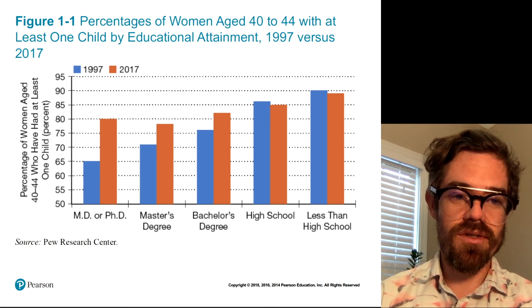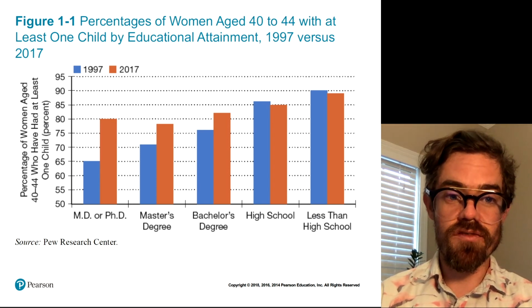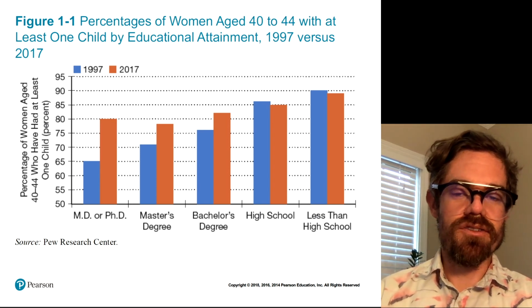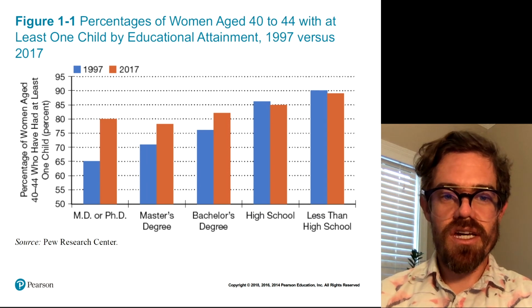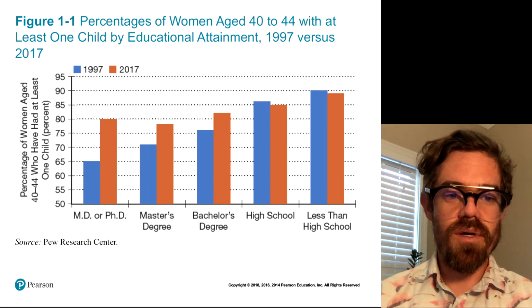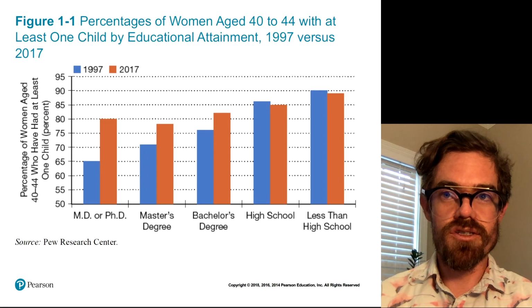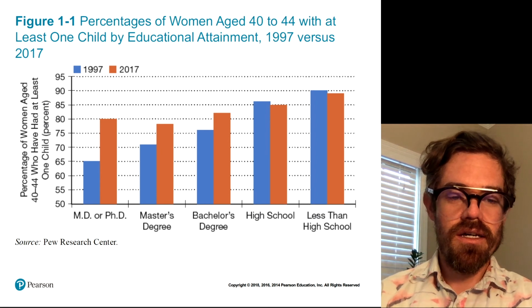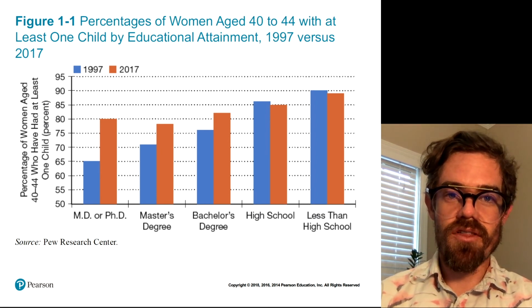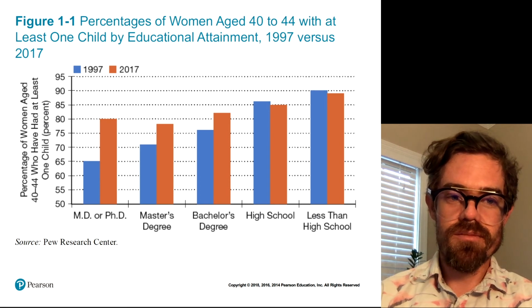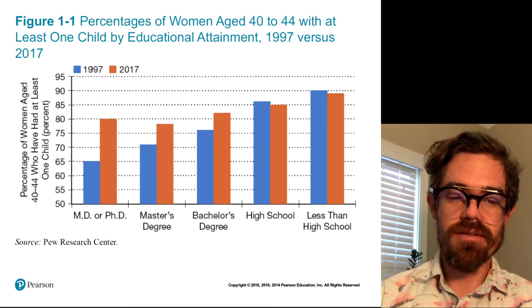So that could be one reason we see this: people that have higher educations, fewer of them have children. There could also be something correlated with the level of education. Maybe people with higher educations are more knowledgeable and aware of contraceptives such as condoms and birth control and those sorts of things. I don't know. There's a number of things that could be going on, but I'll leave it up to you to think of some other reasons why we might see this pattern of data.